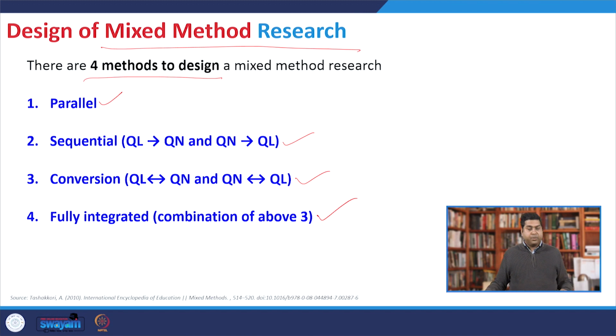We'll discuss one by one. So parallel means where you carry out the research in two different ways, one qualitative and one quantitative, and then finally you merge the findings and then report.